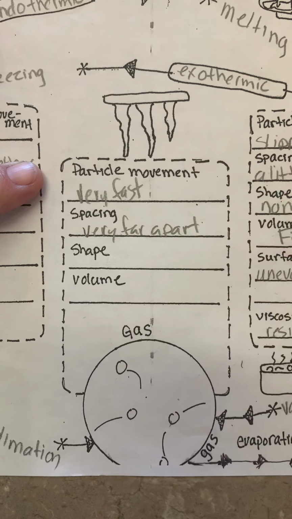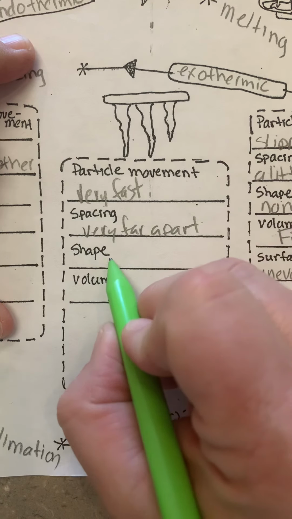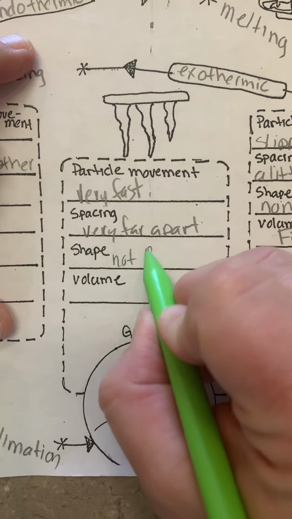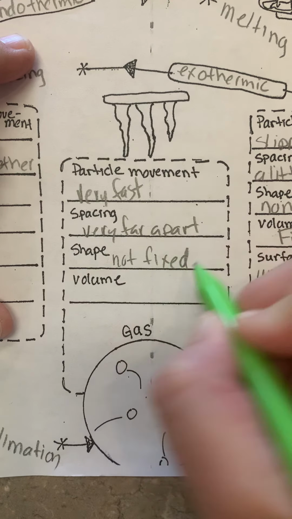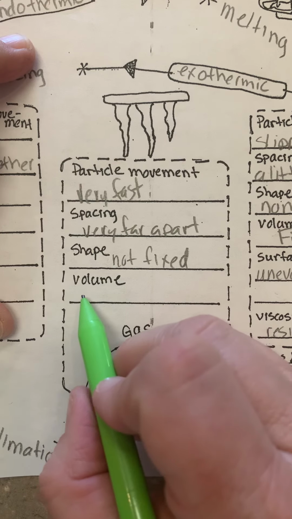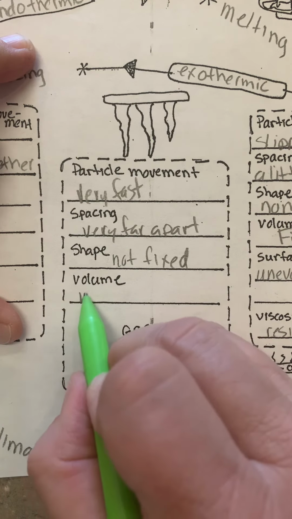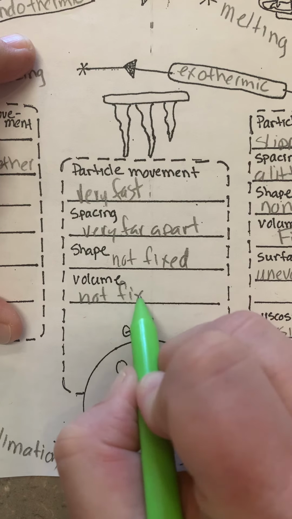They are moving independently of each other. The intermolecular forces no longer have a say as to what each particle does. Shape, not fixed. It's going to take the shape of whatever you put it in. Volume, there's no volume. It'll just keep expanding, so not fixed.